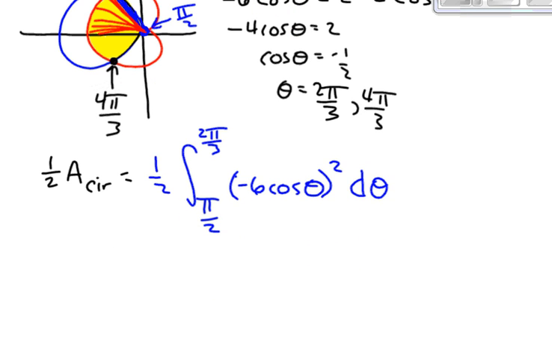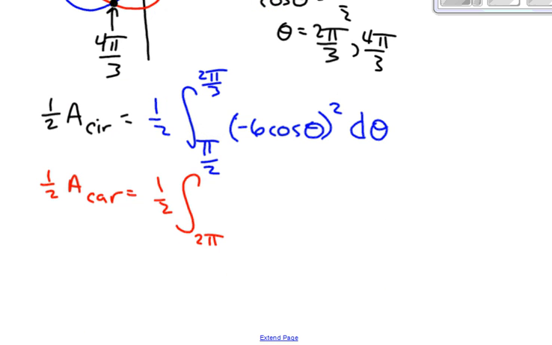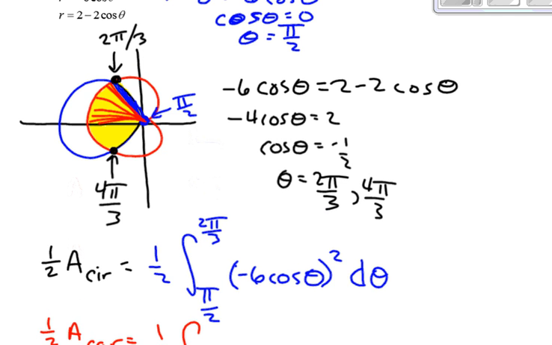Okay? And then we can also find half the area of the cardioid. That cardioid is going to pick up at that same 2 pi over 3. And where would it end? That half would end right here, it should be pi. So I would check to make sure that that's pi.